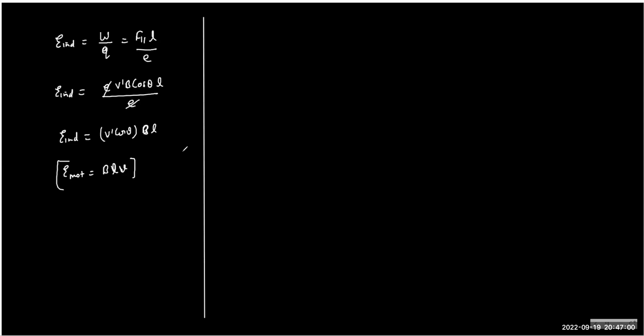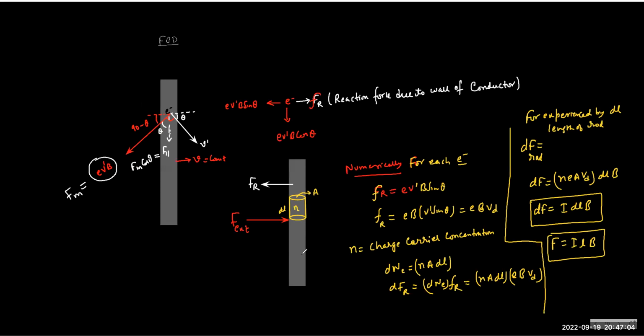All are formulas of motional EMF, but we saw something deeper, that the force on the rod is also ILB. That we could have derived directly, but I just tried to show you from scratch how all the formulas come into the picture. You can devote some time to understand and analyze all these things on your own till you have some level of comfort.